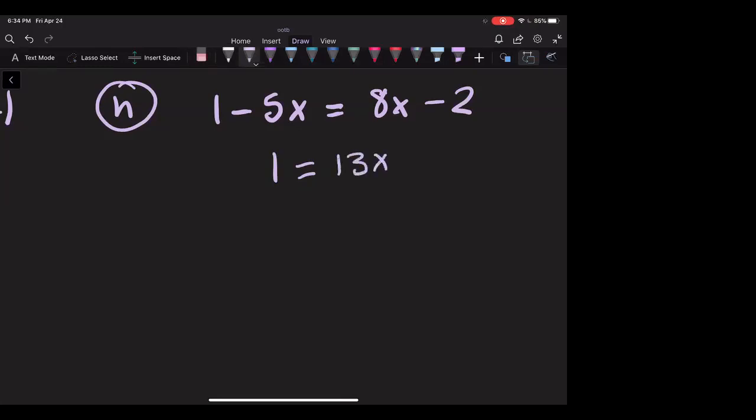Yeah, 13 times minus 2x, that's x. Yeah, 13x. So is that 1 negative or positive? That is positive because the negative sign is with the 5x. Okay, I see. Yeah.